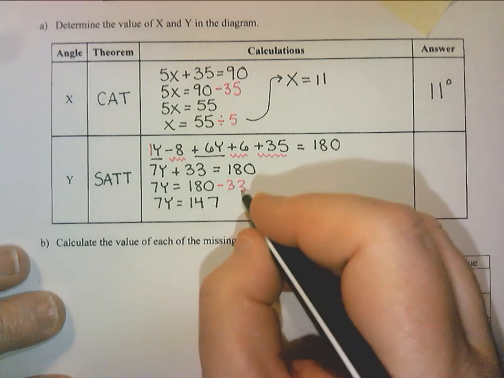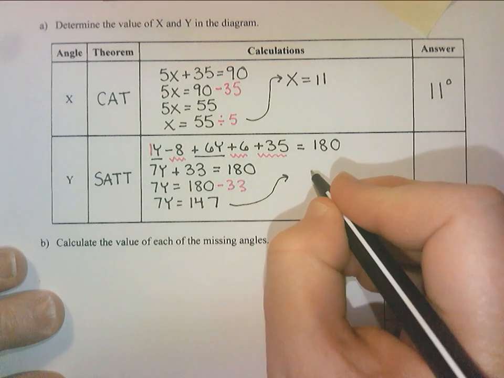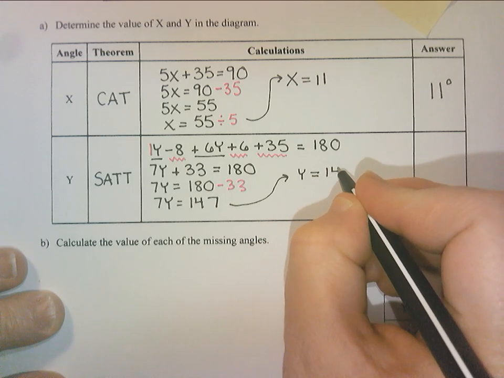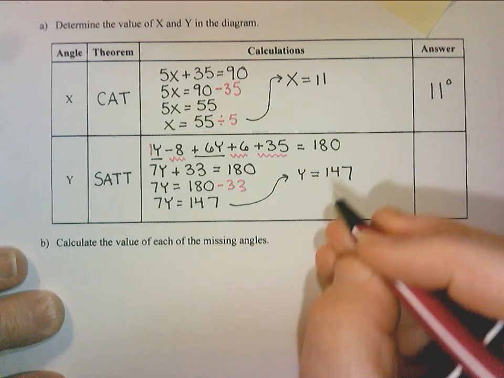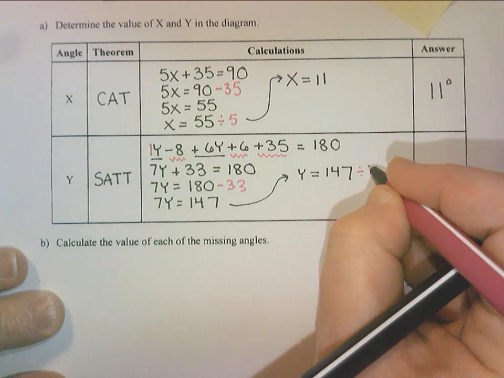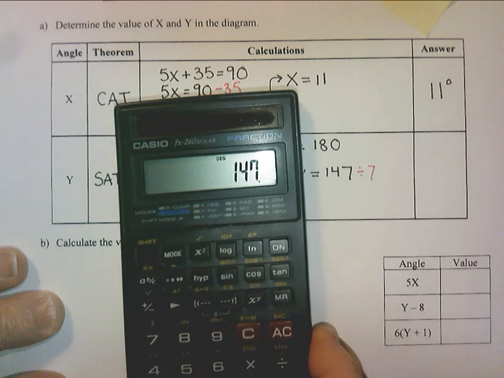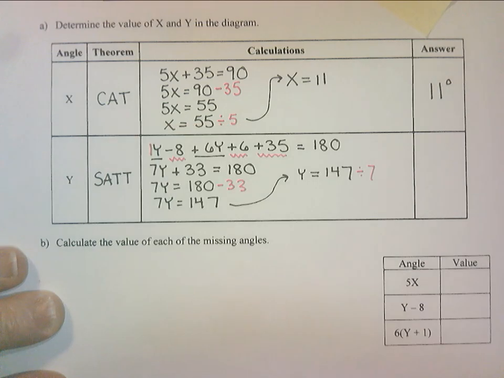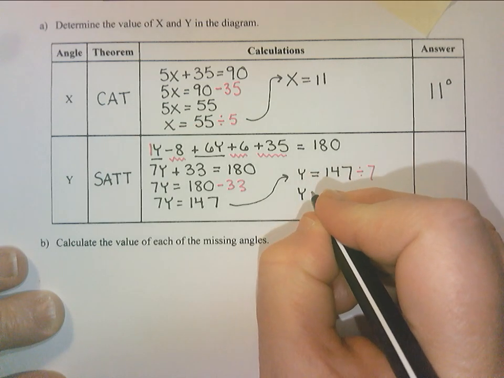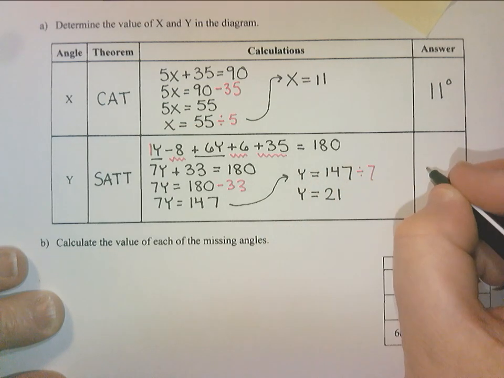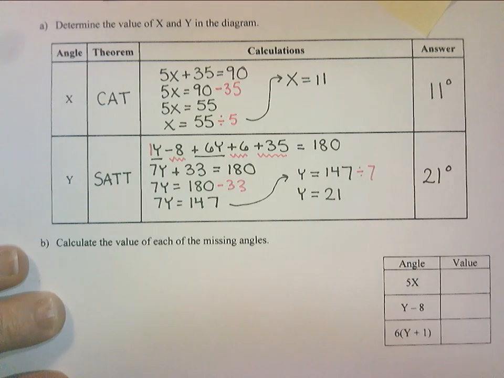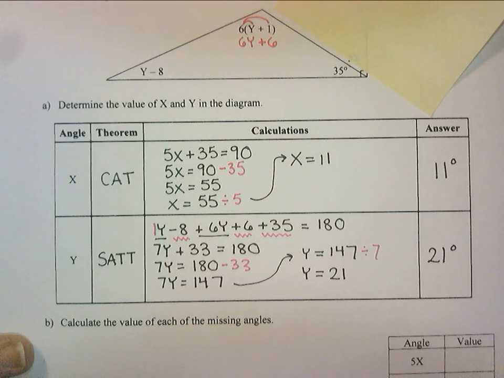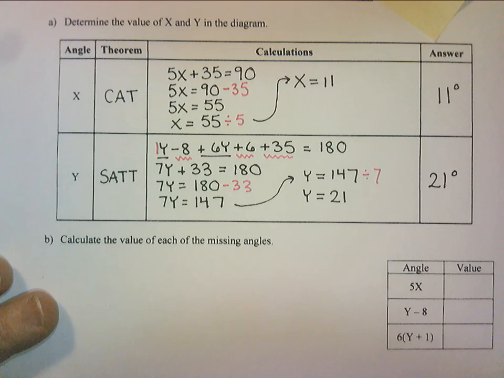And then I am going to solve for just y by dividing by 7. 147 divided by 7 is 21. So y is 21 degrees. Now, that's not each of the angles in my diagram, but it does tell me what the letter y works out to equal.